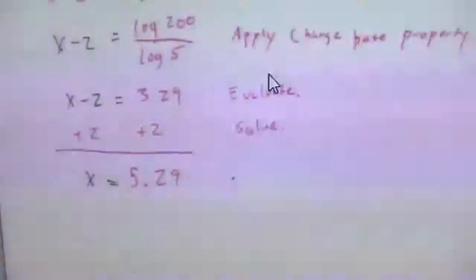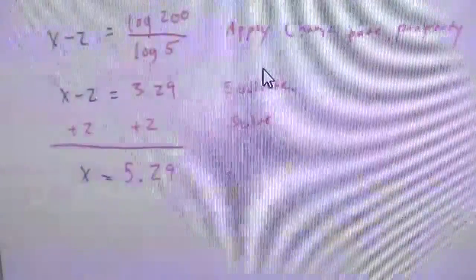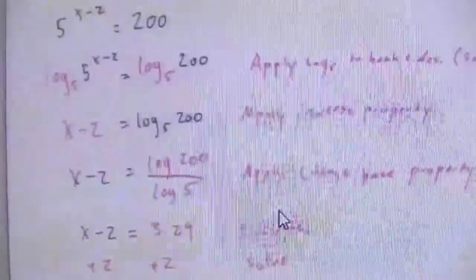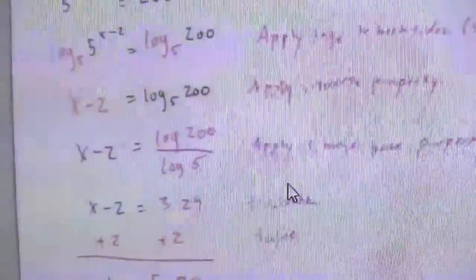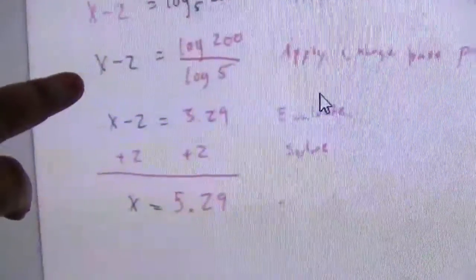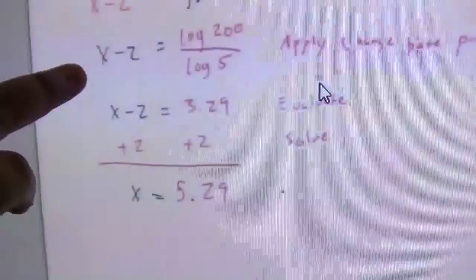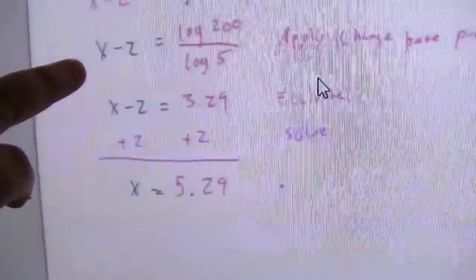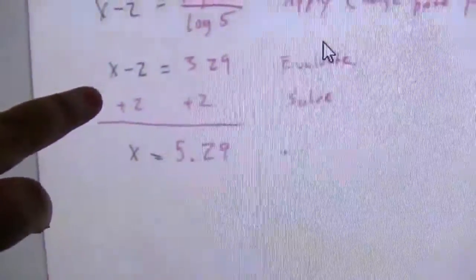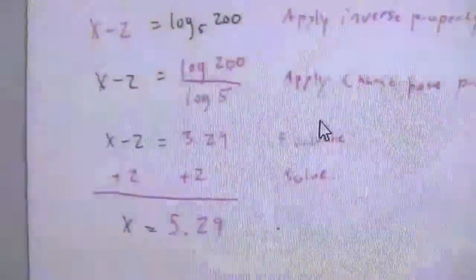You add 2 to both sides, and so we have the value of x is equal to 5.29. Once again, there were several places where we used the inverse property. On step 3, we use the inverse property. On step 4, we use the change of base property. And then we evaluate it, and that was the value of x.